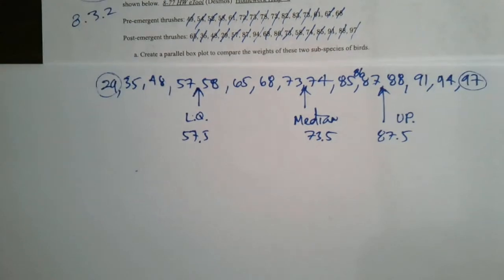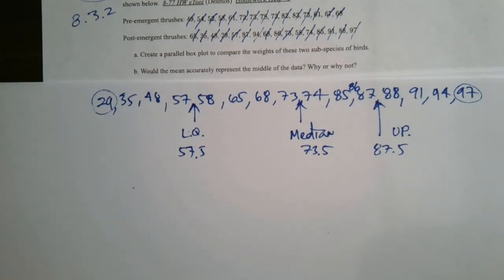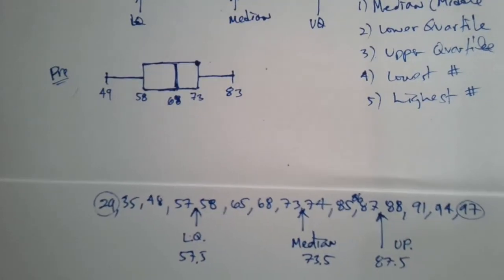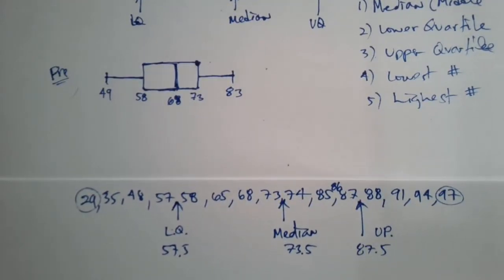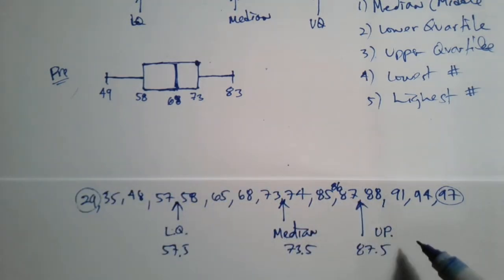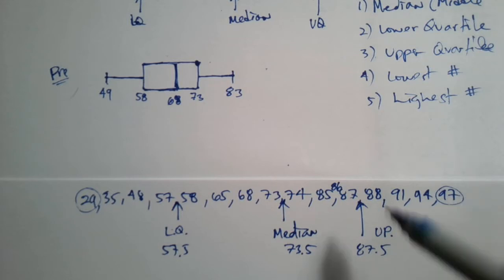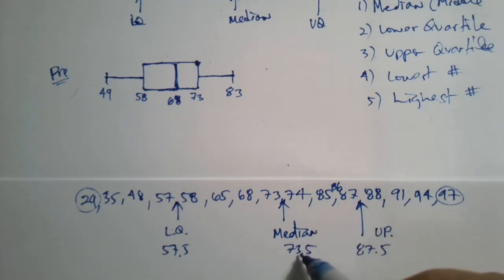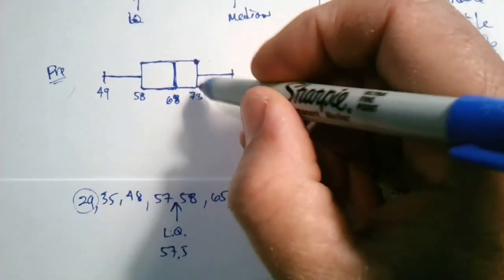So let's take that and draw a box plot based on that information, but I'm going to try to line it up. Right, so I want it to be on the same scale. It's a parallel box plot. So if I look at my median here is 73.5, well, that was my upper quartile.